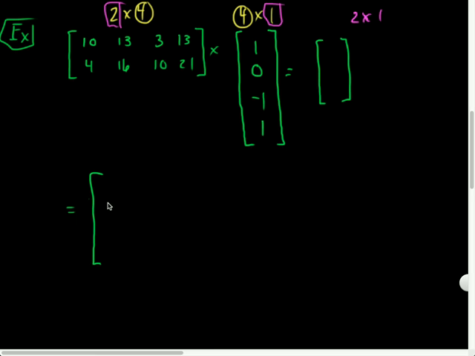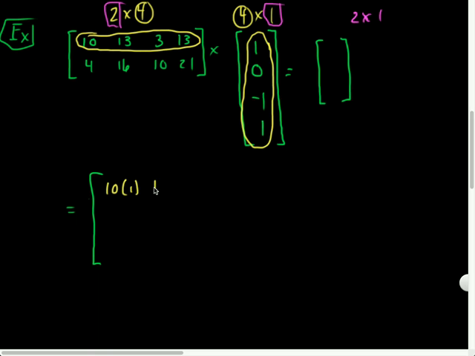For the first row, first column, I'm multiplying the first row by the first column. So that would be 10 times 1 plus 13 times 0 plus 3 times -1 plus 13 times 1.